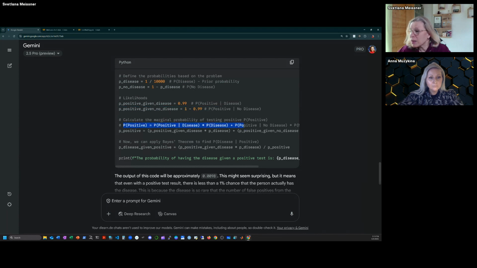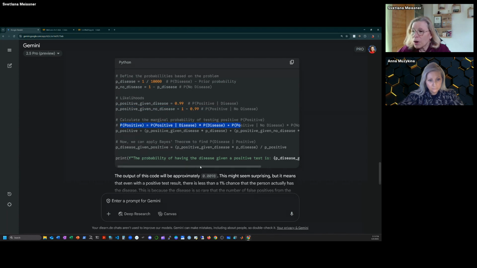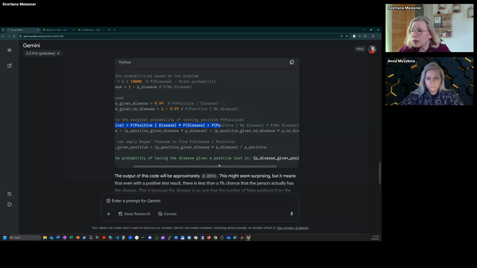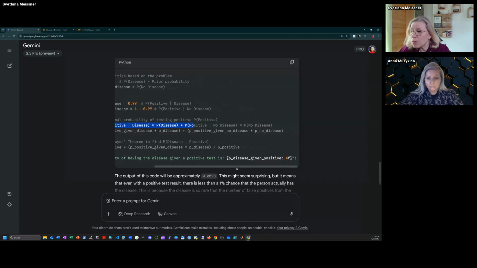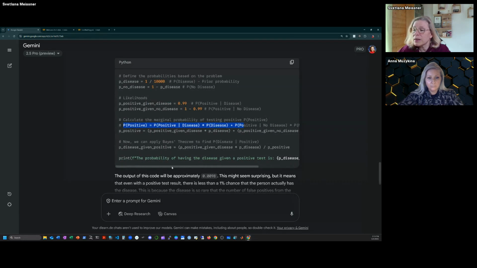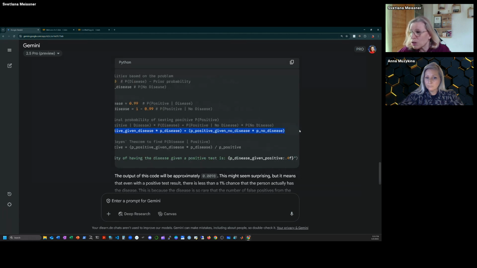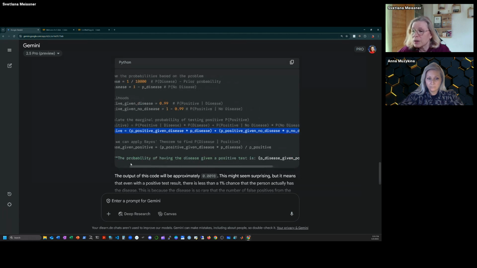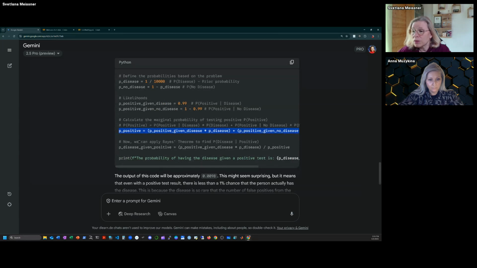And here, again, this is the explanation of how, considering the formula, we are calculating this. And the next is just calculating the probabilities, considering this equation. And now in this next step, we can apply Bayes theorem to find the probability of real disease if the test is positive.